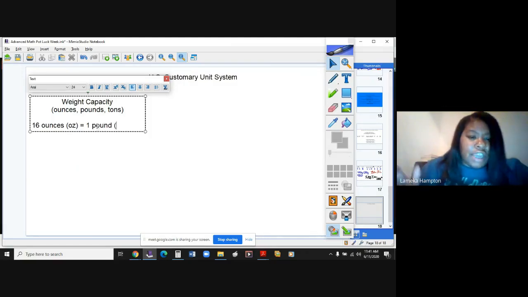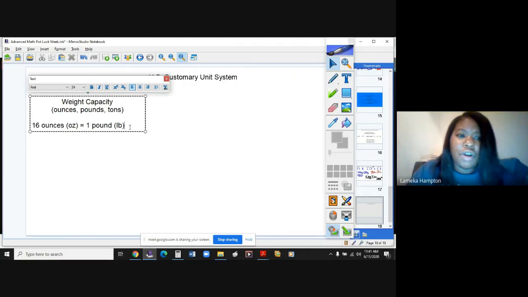Now, I don't know how they got LB from pound. Okay. Now, we understand that 16 ounces equal 1 pound. So if 16 ounces equals 1 pound, I'm going somewhere with this, so stay with me.